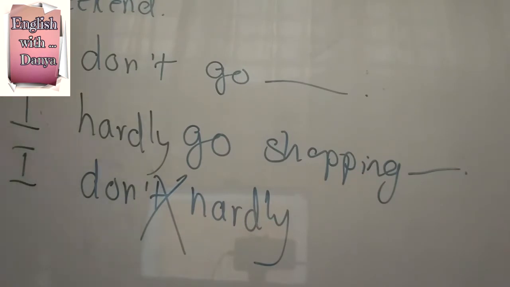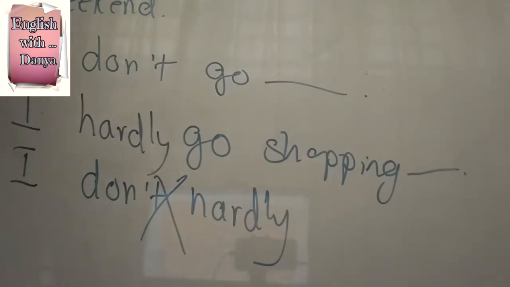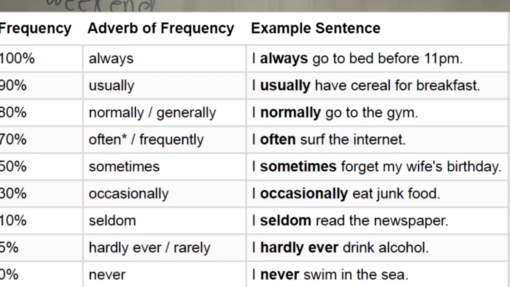All right. But when it comes to usually, sometimes, always, yeah, you can use don't. Like we can say, I don't always go shopping, or I don't usually go shopping. Why? Because all of them are still positive. They have 100%, 90%, 80%, 50%. The percentage is still high.